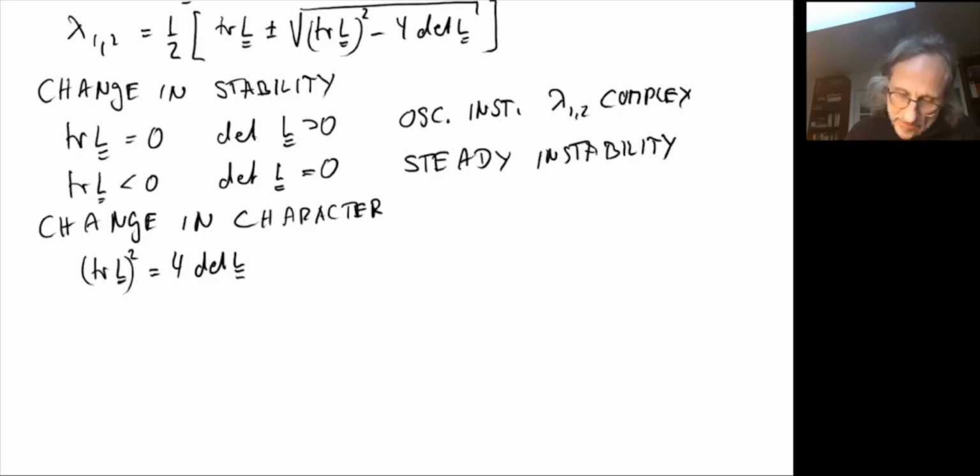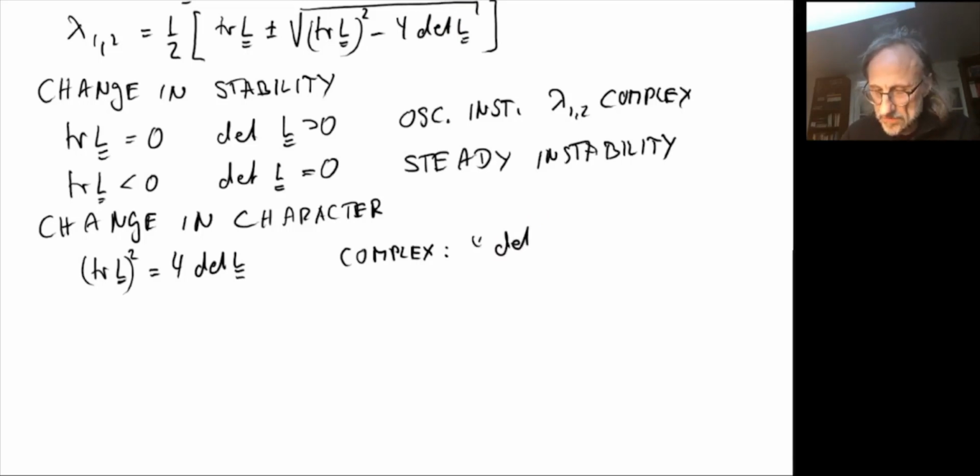And to be more concrete, we get complex eigenvalues when this has to be negative, meaning the determinant has to be bigger than the trace squared over 4.